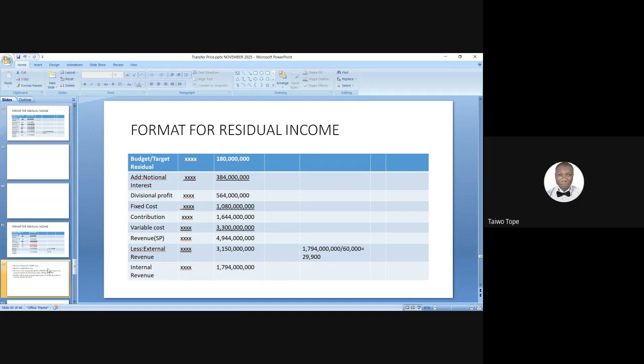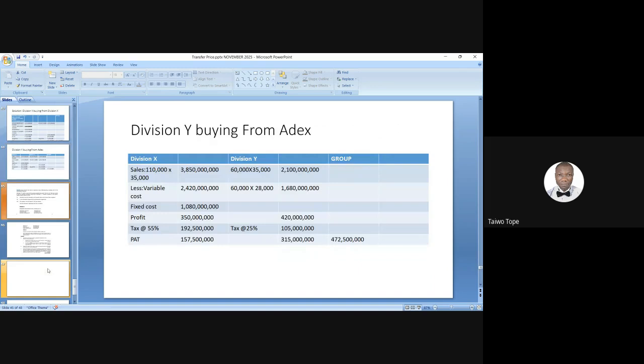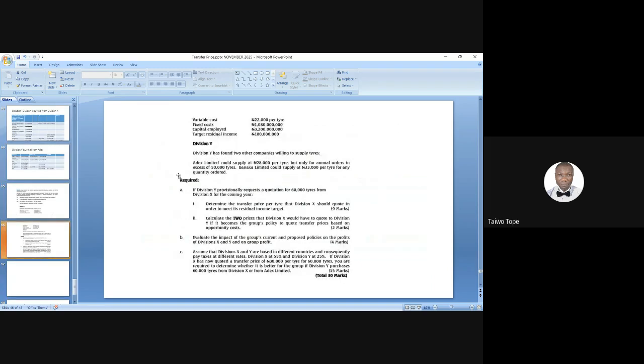All right, let's go back to the question. Look at it, ma'am. If division Y provisionally requests a quotation for 60,000 tires from division X for the coming year. Based on the question, the overall capacity of division X is 150,000 tires.